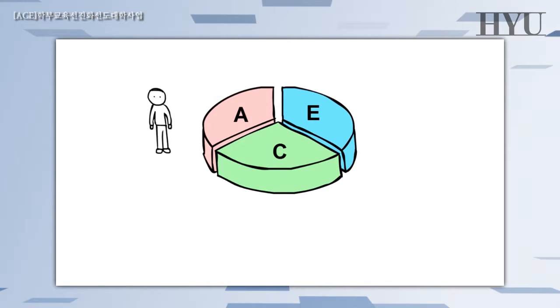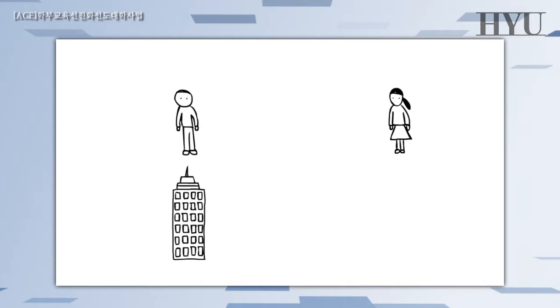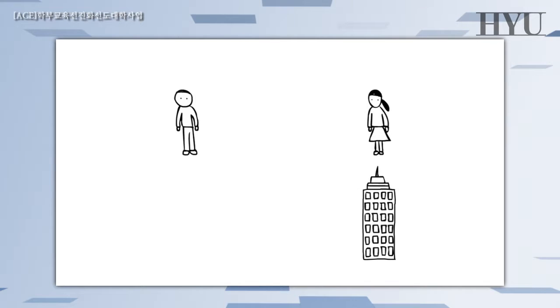Joe is an architect, Martha is an engineer, and Don is a constructor. They're working on the same building project and need to coordinate their work. Let's say Joe is designing a decent-sized building and needs to coordinate with Martha, the structural engineer. Joe sends his BIM model to Martha. And what does Martha get?